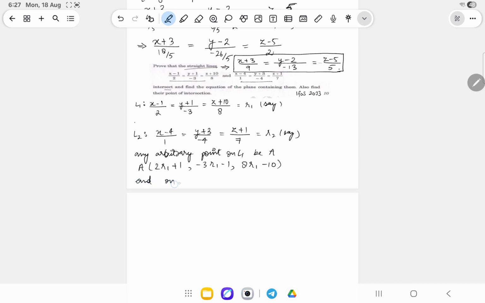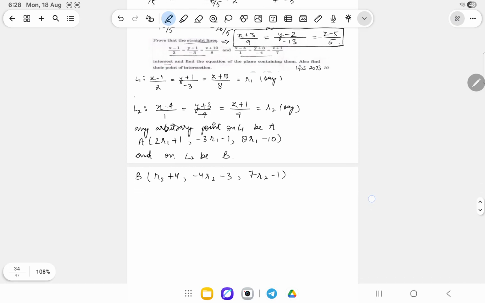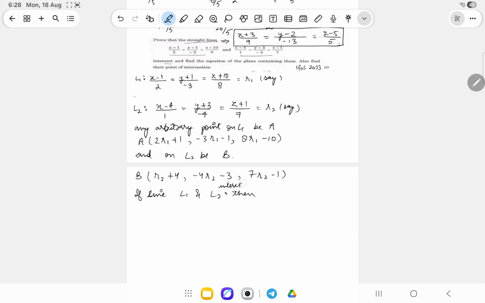And on L2, let's say B, the coordinates of point B will be (r2 plus 4, minus 4r2 minus 3, 7r2 minus 1). So if lines L1 and L2 intersect, then there must be a common point.